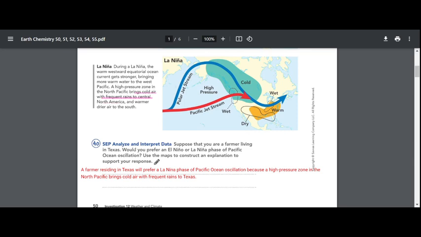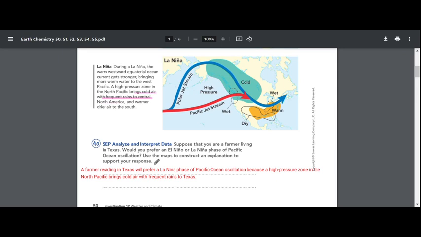Okay, so first of all, with respect to the question, does Texas include Central North America? So yes, it does.